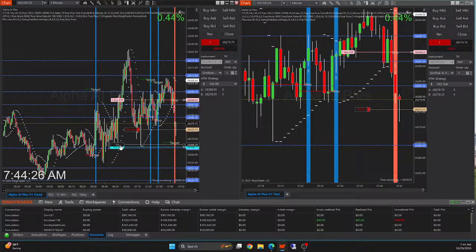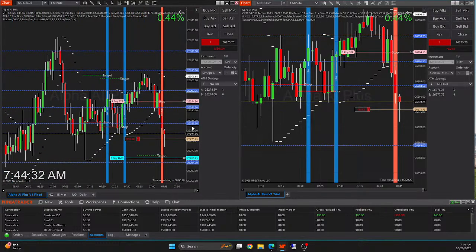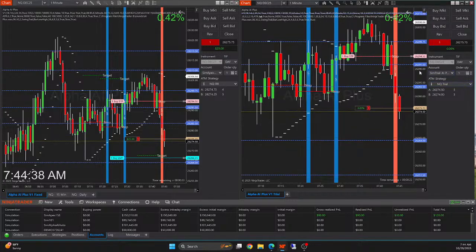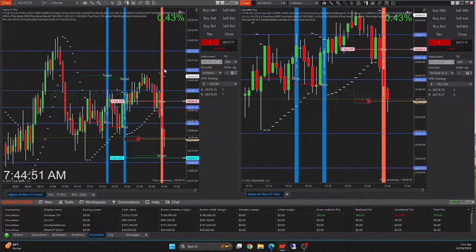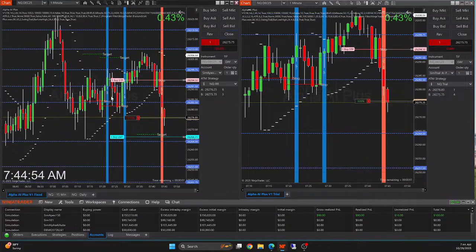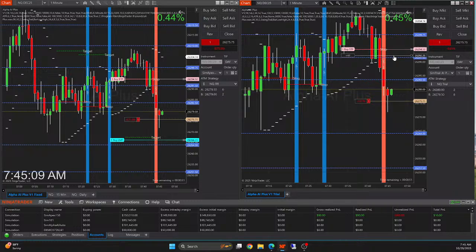Whenever my stop loss, I'll put my target above this wick, like this. Use my stop loss now here. Trailing.